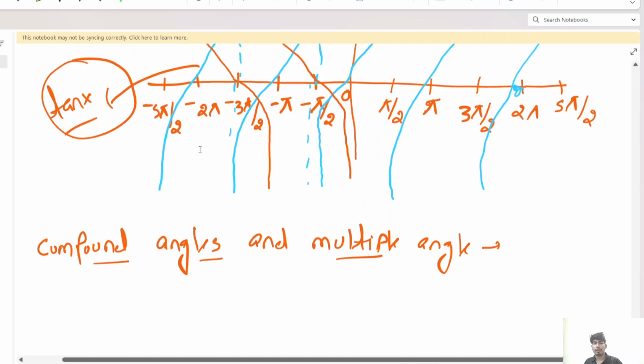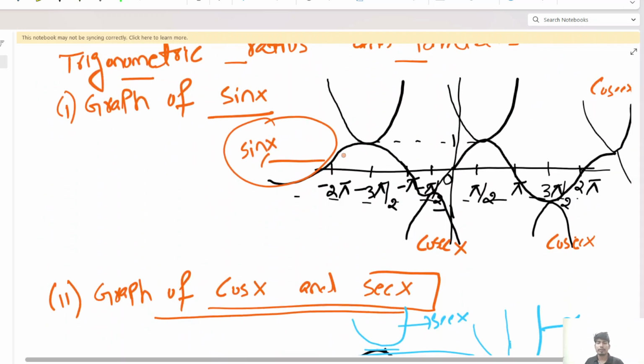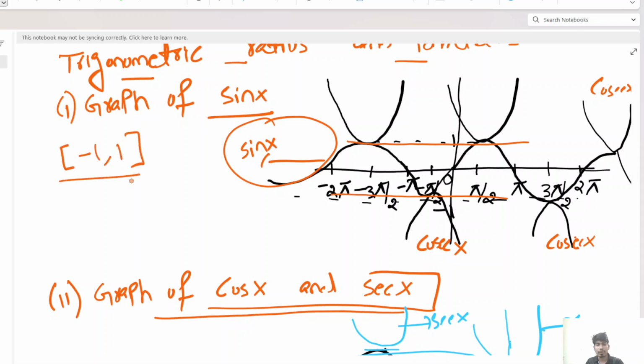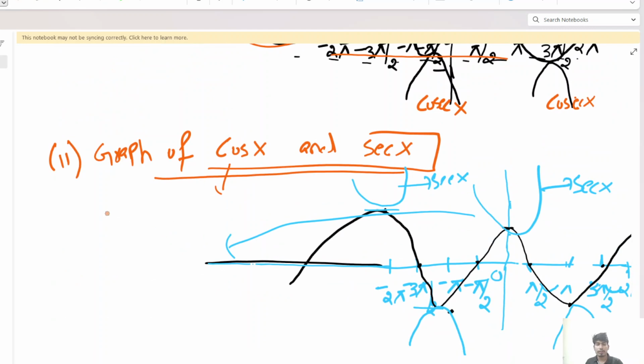This is the graph of sin x, okay. You can see what is the value here, minus 1 to 1. Range of sin x is minus 1 to 1, okay. And cos x also has range minus 1 to 1, okay.